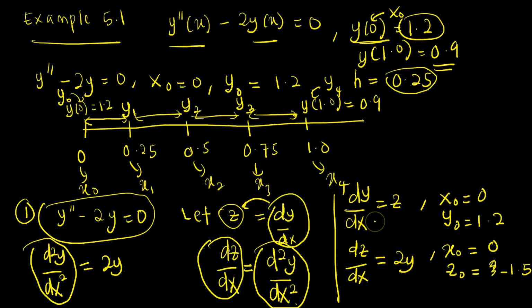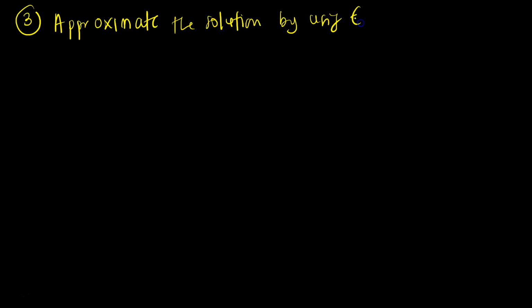Okay? So once we got this system, what we need to do class, we go to step number 3. We need to approximate the solution by using Euler method. So we recall, we have a problem of dy/dx equal to z, and then dz/dx equal to 2y.